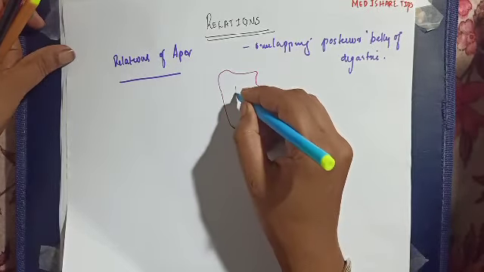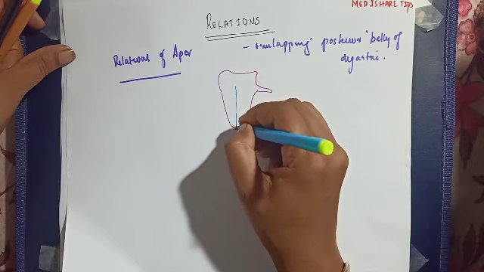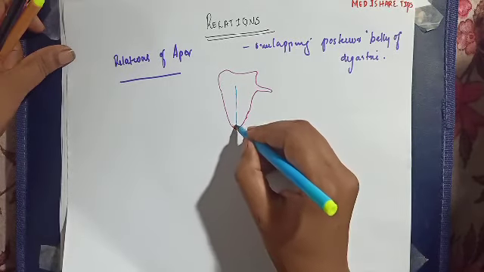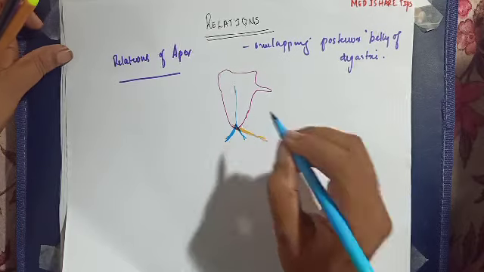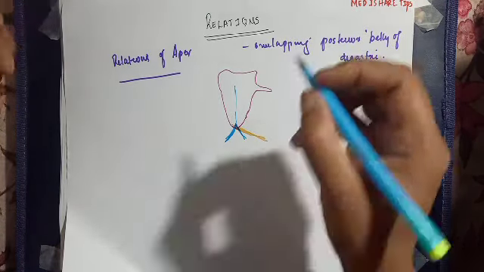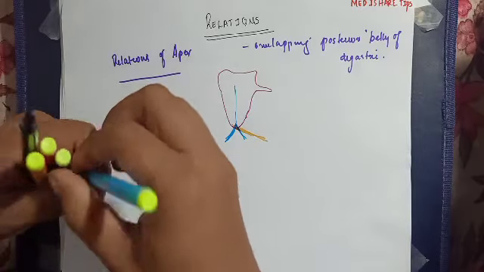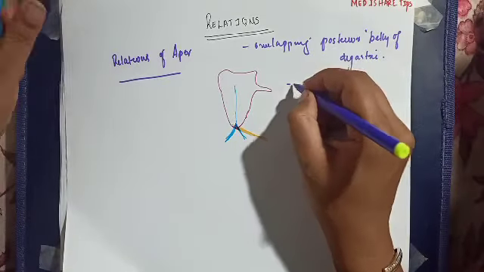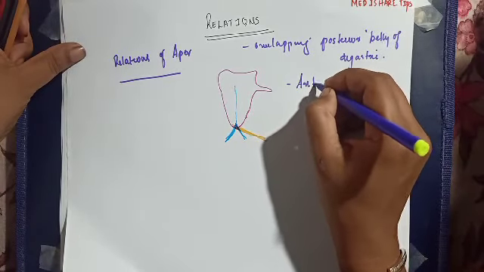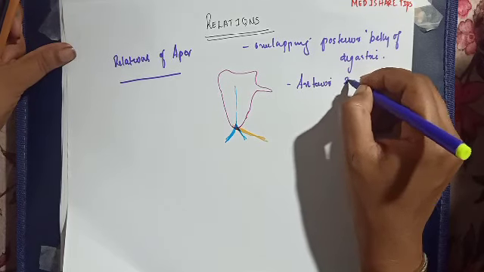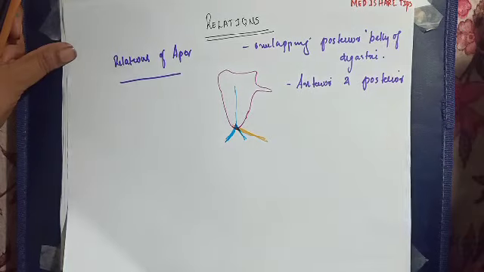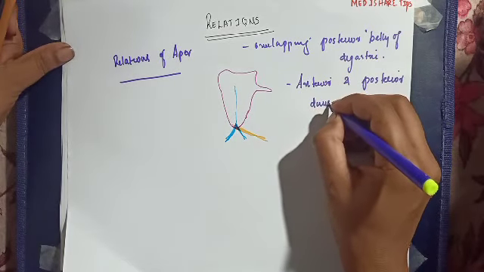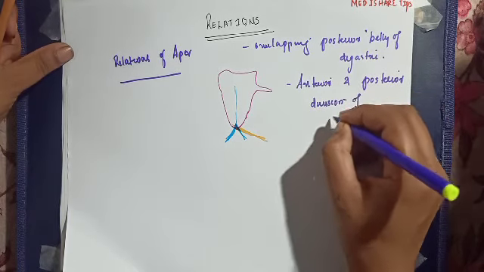After forming within the gland, it passes downwards, and near the apex it divides into an anterior division and also a posterior division. So one structure near the apex is the anterior and posterior division of the retromandibular vein.